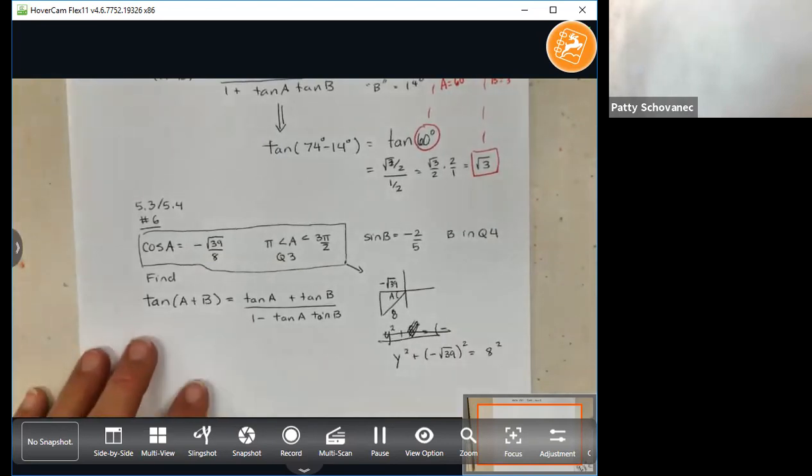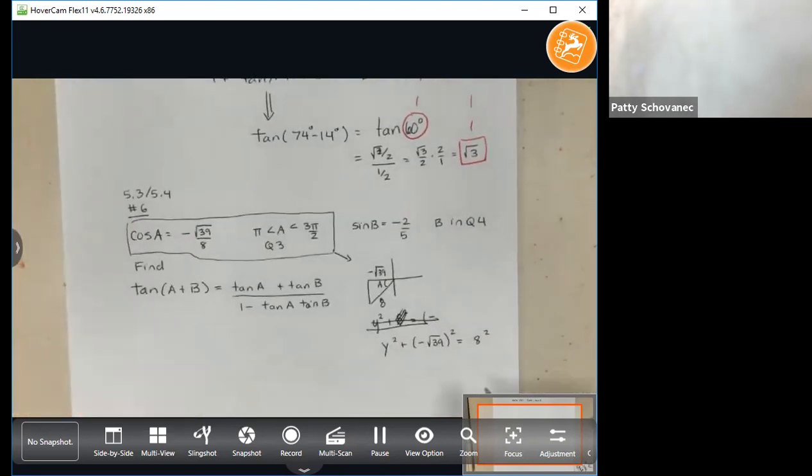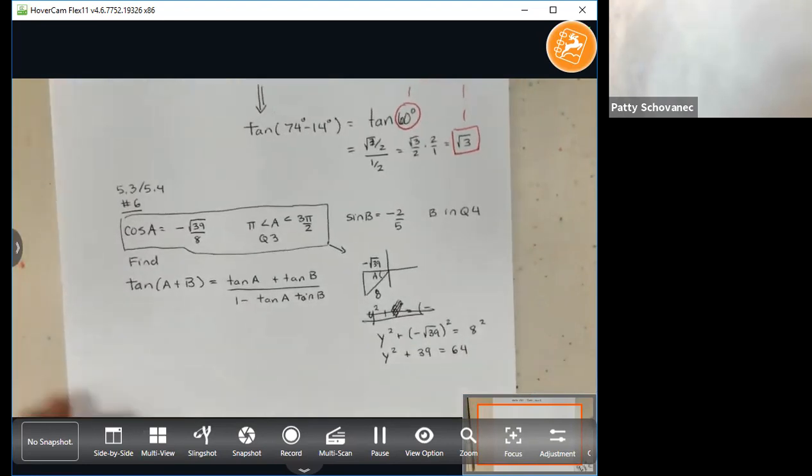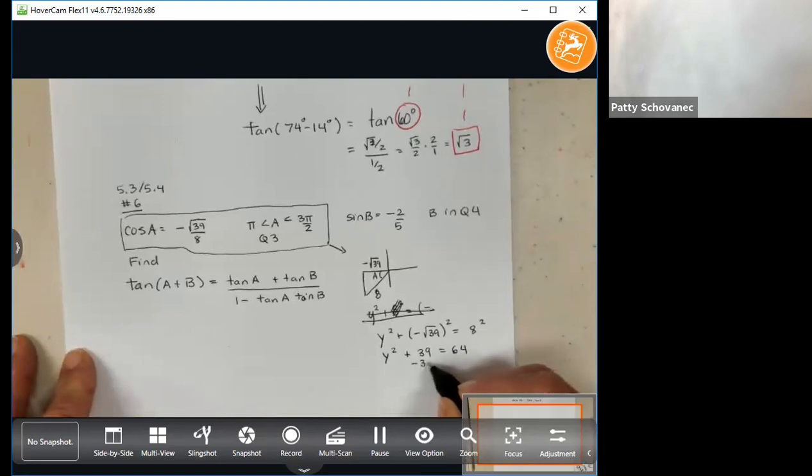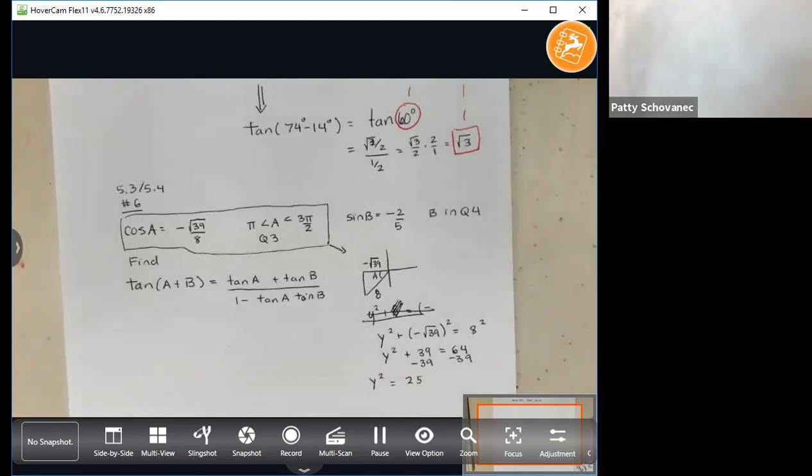When I square the negative, I get a positive. When I square the square root, I get the number in the square root sign. So I have y squared plus 39 is 64. I'm going to subtract 39 from both sides. And I have y squared is equal to, looks like 25. Y is going down in quadrant 3, so I'm going to take y to be negative 5.